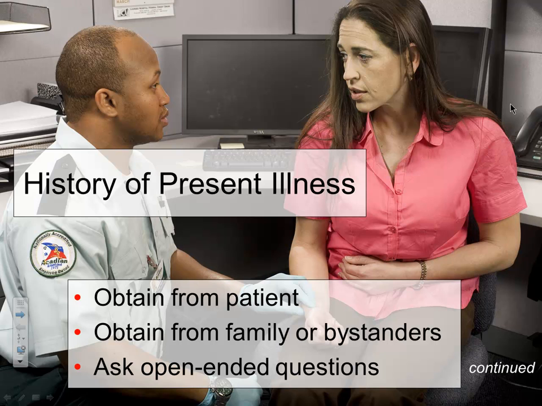So your history of present illness, most of the time you're going to get that from your patient. It's possible that your patient has an altered mental status and they can't give you the history, so you may have to get it from family members or bystanders, but you may also get it from other areas. Like they may have a medical alert bracelet on. You may suspect that they are diabetic.